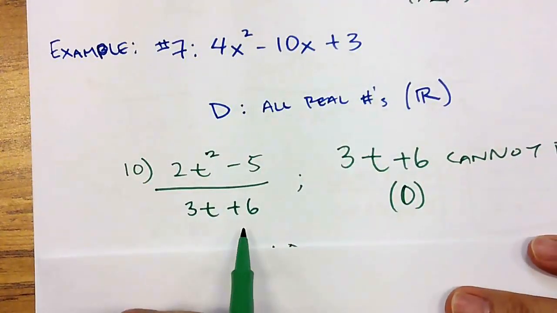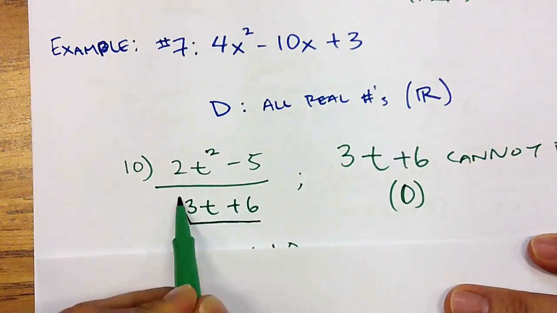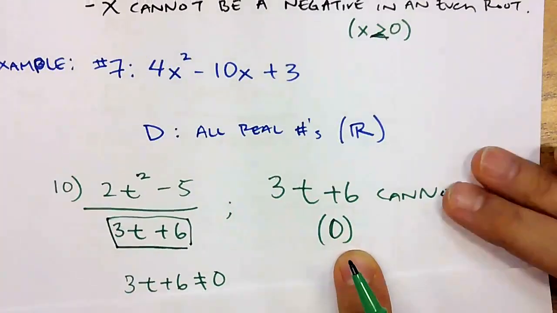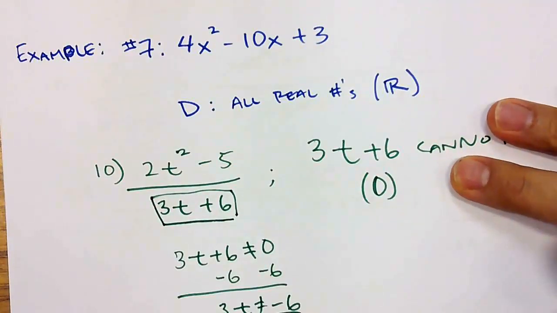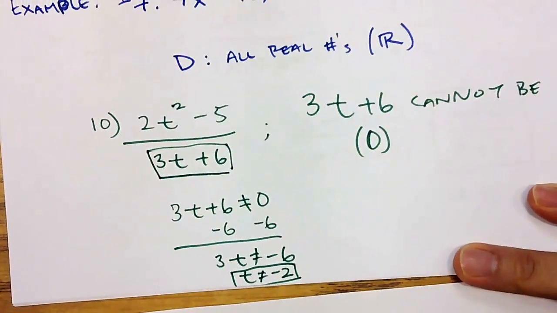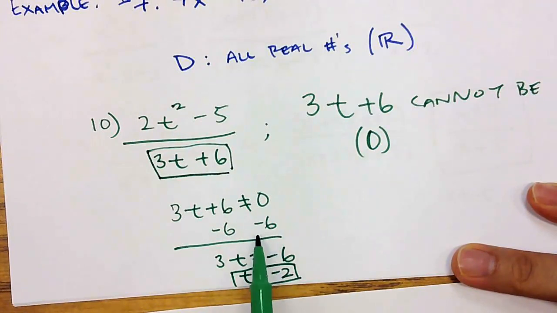So 3t plus 6 cannot equal 0. I set it to not equal to 0, and then subtract 6 on both sides, so 3t is not equal to negative 6. And I divide by 3, therefore t cannot equal negative 2.